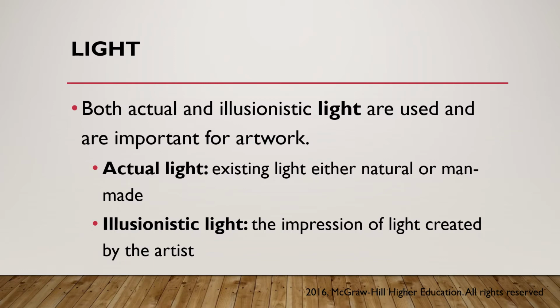Illusionistic light is, well, I call it a part of a little toolkit. Art, two-dimensional art, is all about illusion. You have this magic part, and illusionistic light is the illusion or impression of light that's created whenever we do any kind of artwork. We're giving the illusion that there is light in the artwork somehow.